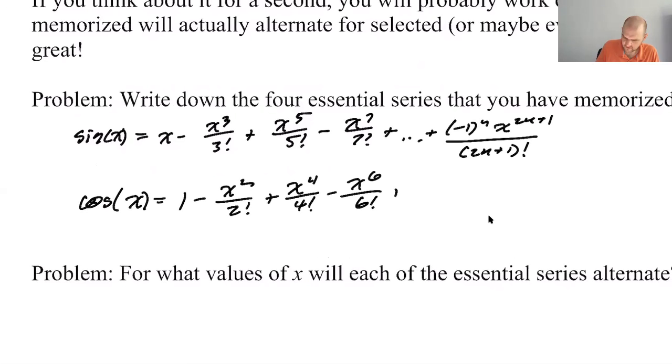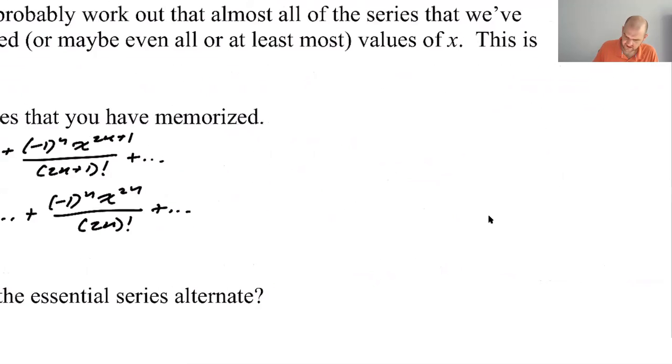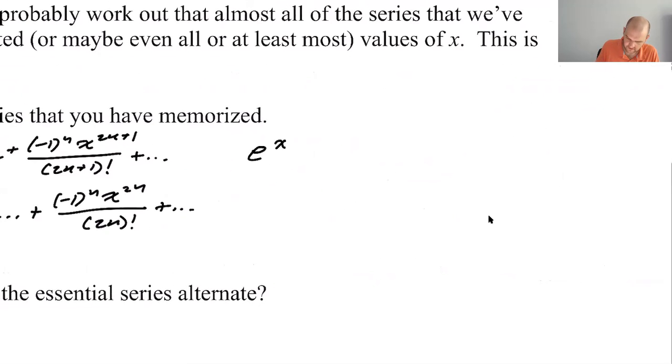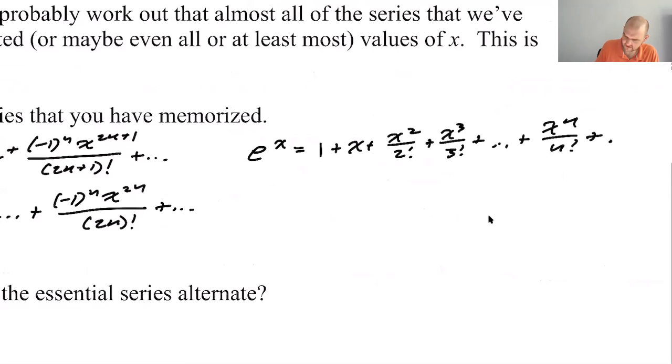Cosine of x is 1 minus x squared over 2 factorial plus x to the 4th over 4 factorial minus x to the 6th over 6 factorial plus dot dot dot plus negative 1 to the n, x to the 2n over the quantity 2n factorial plus dot dot dot. E to the x, which we just used, is 1 plus x plus x squared over 2 factorial plus x cubed over 3 factorial plus dot dot dot plus x to the n over n factorial plus dot dot dot.